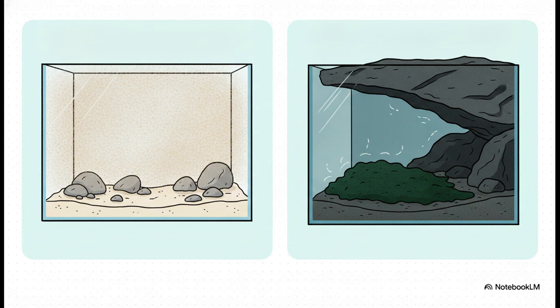But cyano? It seeks out the shadows. It actively hunts for low-flow zones, sluggish water, even the undersides of rocks or spots where detritus settles. It just loves those stagnant, lower oxygen areas. And unlike the even, dusty coating of diatoms, cyano actually crawls outward as a connected, expanding mat.